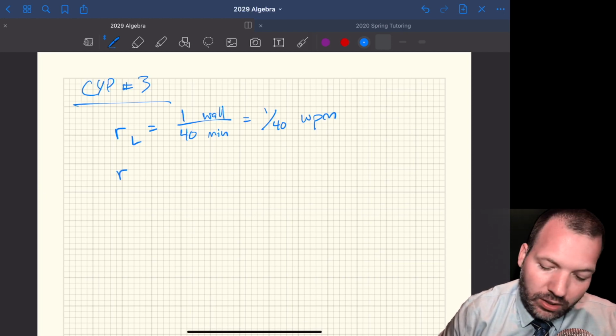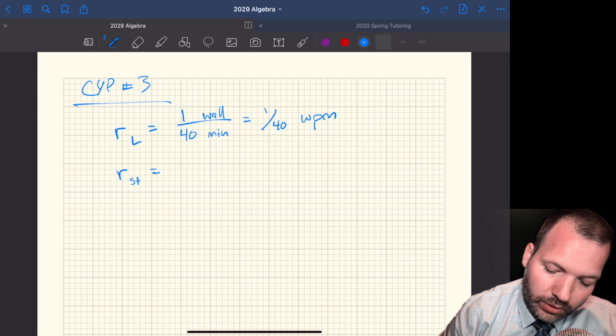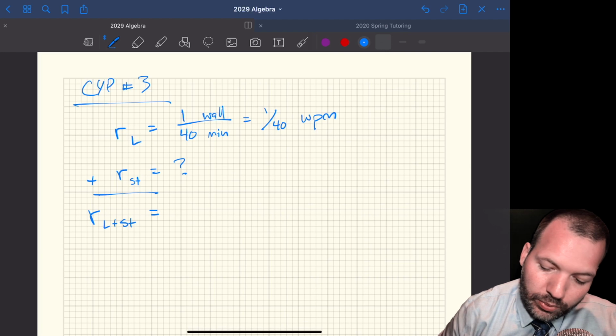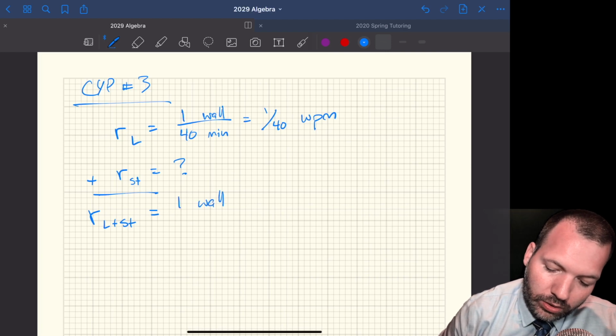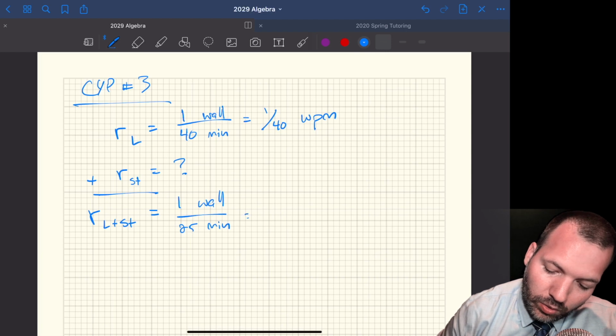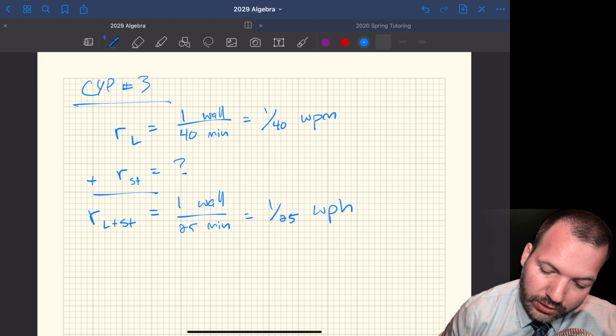And then Steve by himself, we don't know, right? That's the question. But together, so L plus Steve, we can say that they can complete the one wall in 25 minutes, or 1/25th wall per minute.